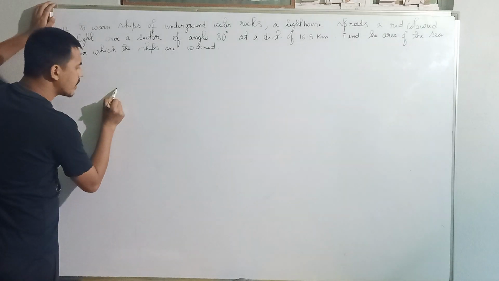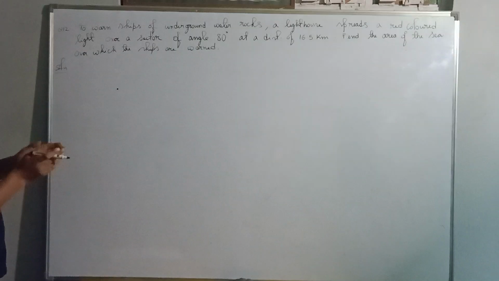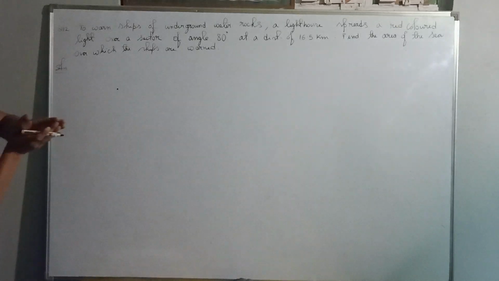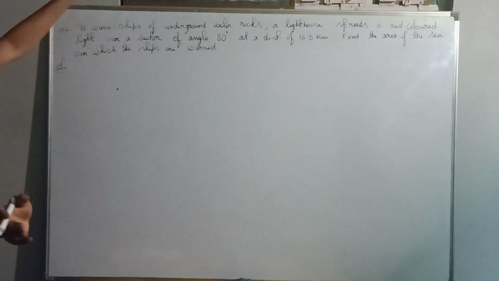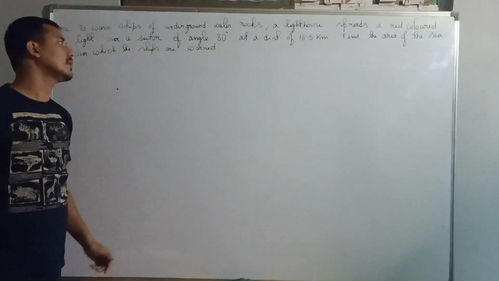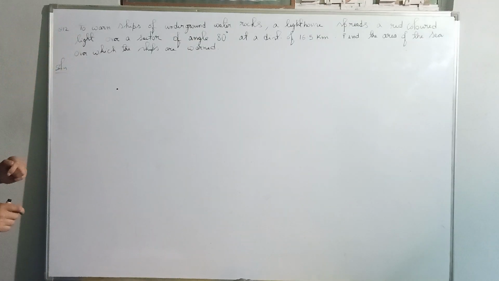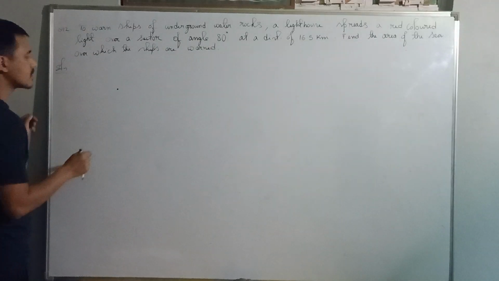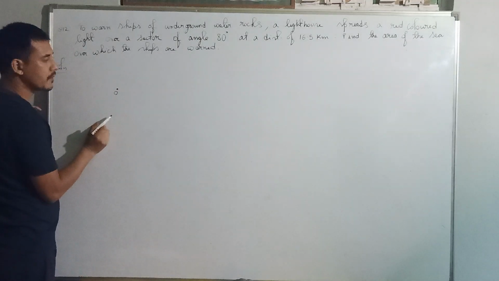So from a lighthouse, a red colored light spreads over the sea, in the form of a sector of angle 80 degree up to a distance of 16.5 kilometers. So let's say that this O is the source of light.